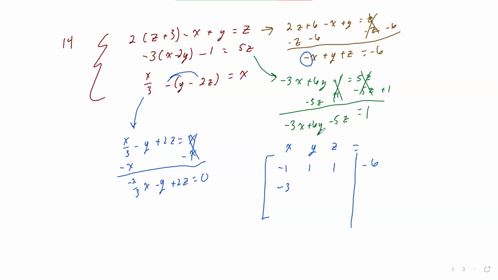This is going to be negative 3, positive 6, negative 5, positive 1. Now I look over here and I have negative 2/3, negative 1, 2, and 0. And that's pretty much all you got to do. So the hard part is getting them in the correct order and then just writing out the coefficients.